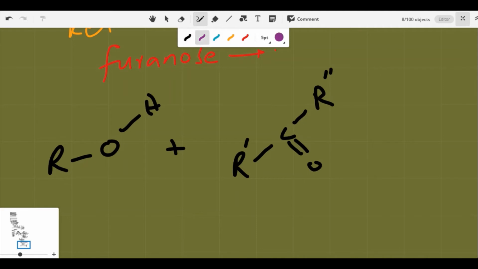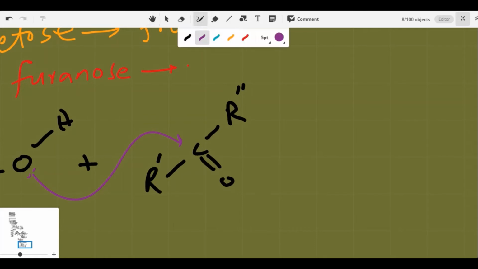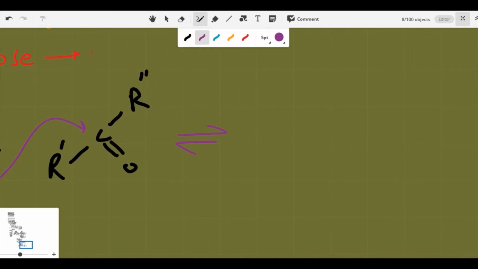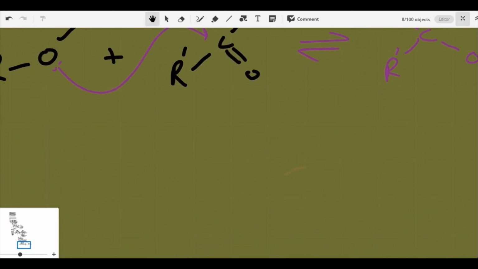Again the lone pair of oxygen will attack on the carbonyl carbon, and it will form a hemiketal, and that is again a reversible product. So that is known as hemiketal formation.